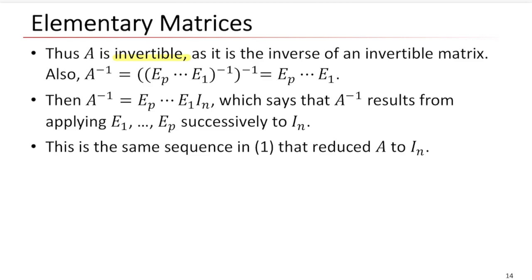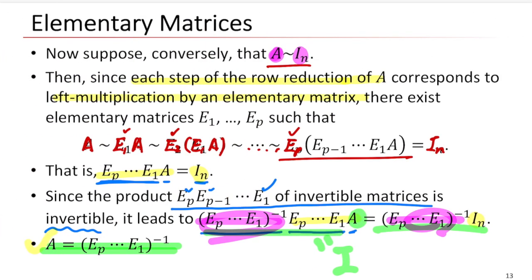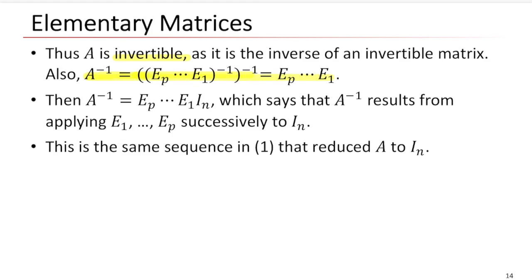As it is the inverse of an invertible matrix, the inverse of A will be this one inverse, and by the property of the inverse, this one will be Ep times E1, right? So then A inverse is Ep through E1 times I_n, right?